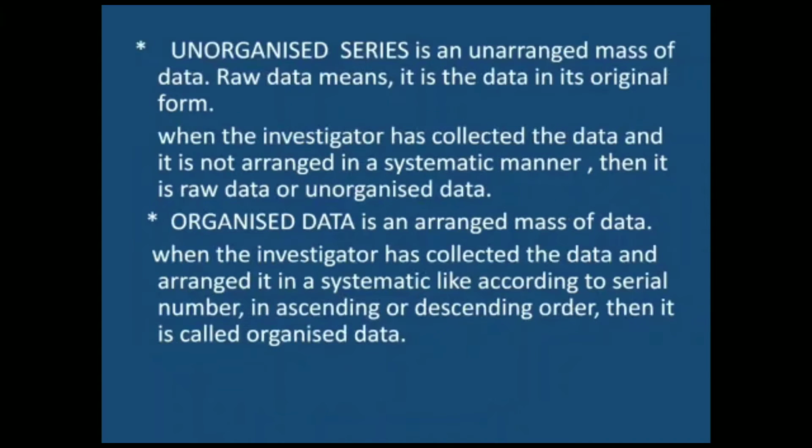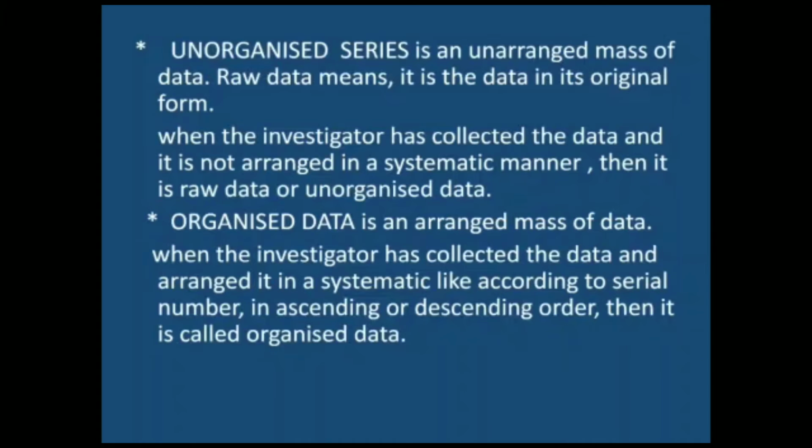An unorganized series is an unarranged mass of data. Raw data means it is the data in its original form. When the enumerator or the investigator goes to collect the data and brings the data, that information is a mass of data, a collection of information, and that data is called raw data, and that is unorganized data.